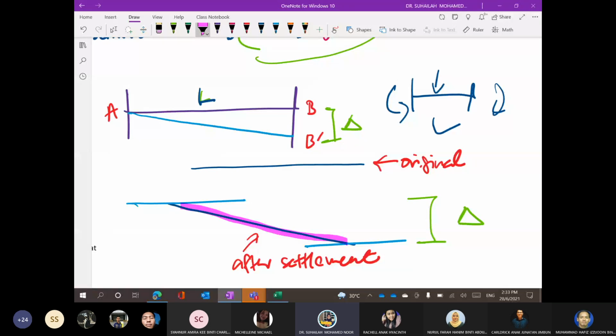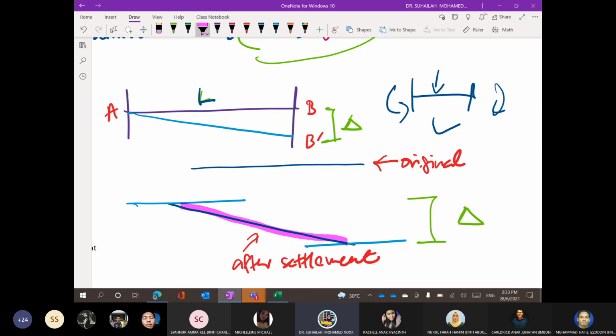So the moment will push the beam, the inclined one, the new position of the beam, to its original position.